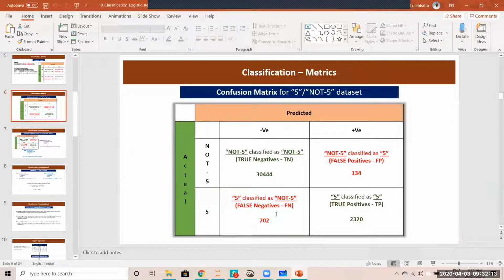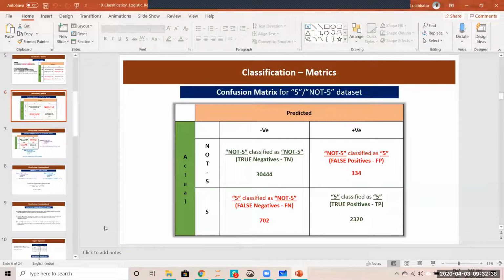If it is doing that well, in real time also it will be able to do it well. Are you getting it? If you have 0 here and 3022 here, what does that mean? It's predicting 100% of the existing positive records correctly.